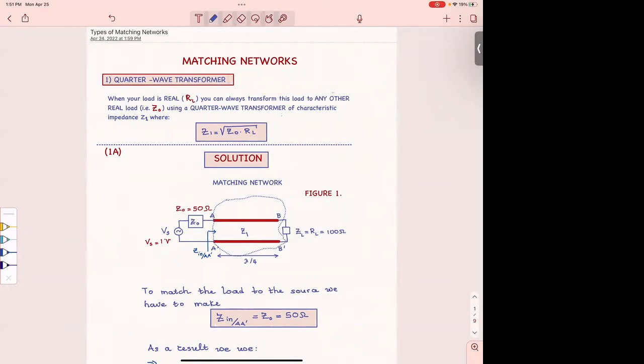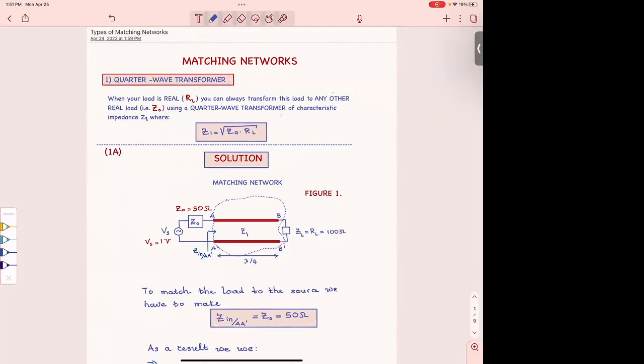That's why it's called a transformer. From any type of real load, you can transform it to any real impedance.